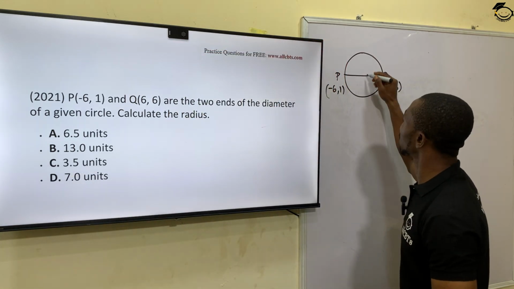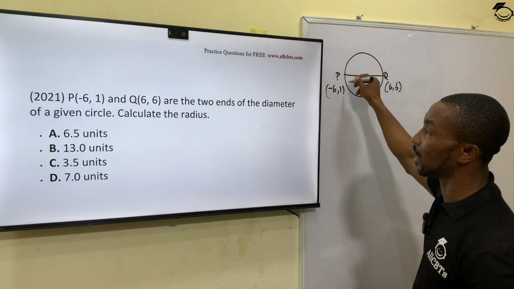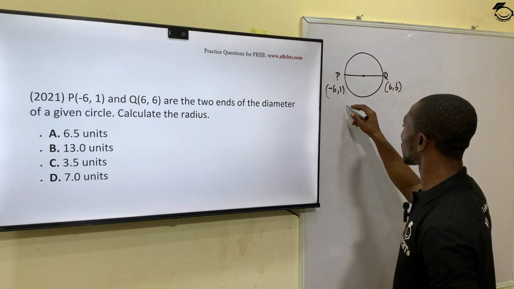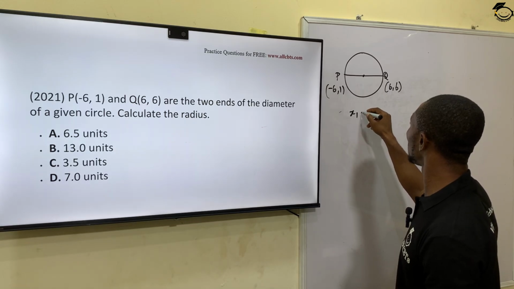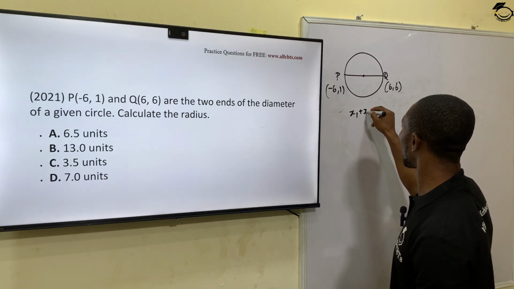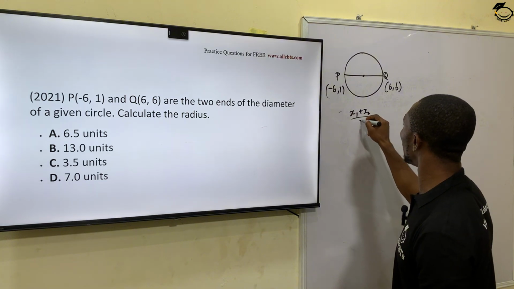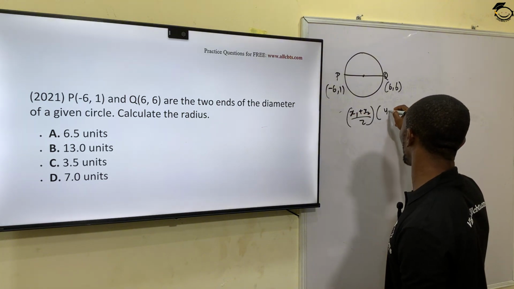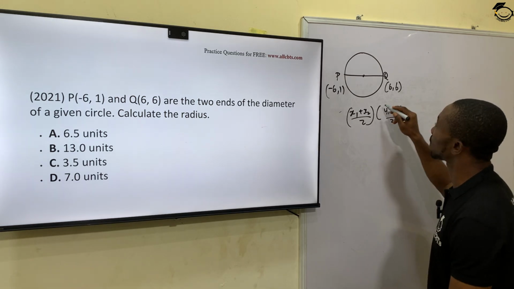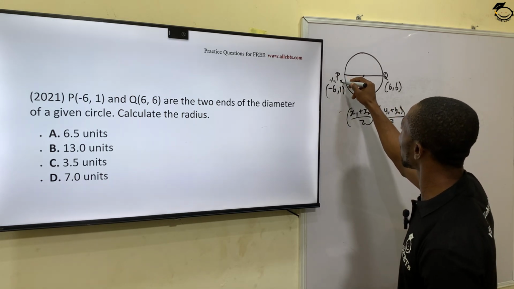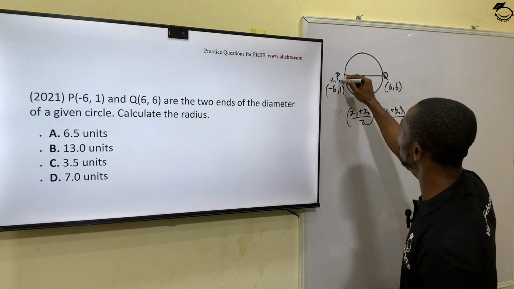First of all, we find the center O. The center of a circle would be x1 plus x2 over 2 and y1 plus y2 over 2.